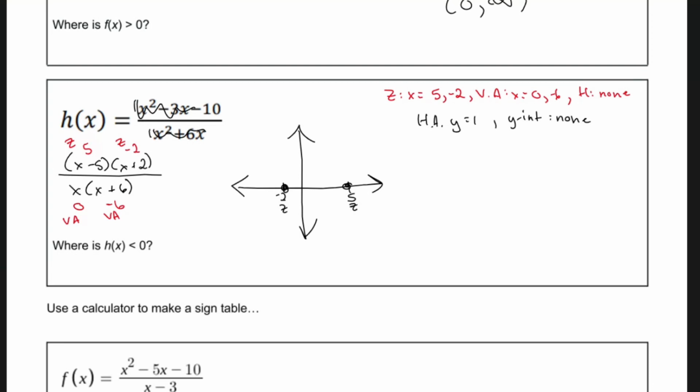Vertical asymptote is going to happen at the y-axis and also at -6 way over here. Then we have a horizontal asymptote at 1. And that's all I've got.